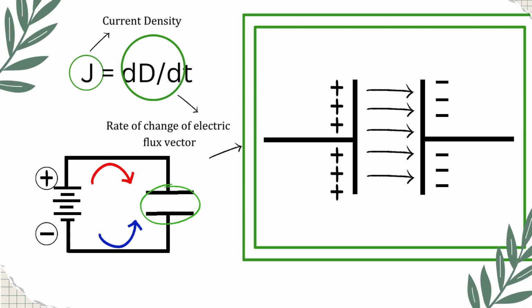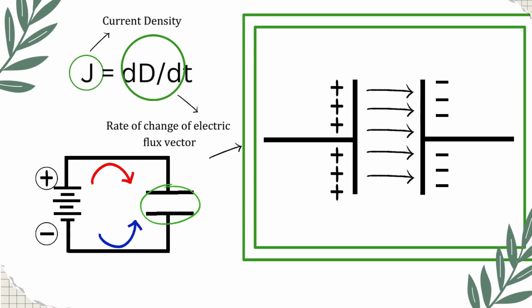So this is what we call displacement current, which will act like a current where no charge will really flow. To understand this type of current, we can write J equal to the rate of change of the electric flux vector. J is the current density.